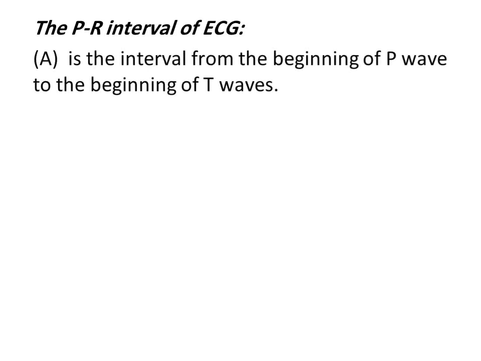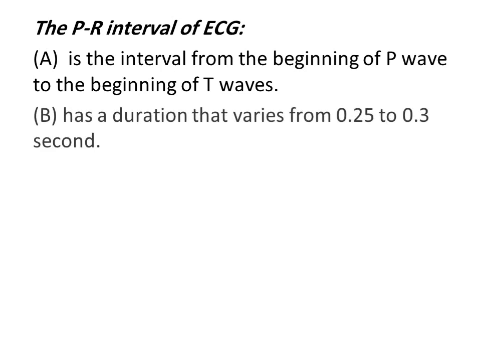The PR interval of the electrocardiogram is the interval from the beginning of the P wave to the beginning of the T wave. Wrong, to the beginning of Q or R. Has a duration that varies from 0.25 to 0.3 seconds. Wrong.